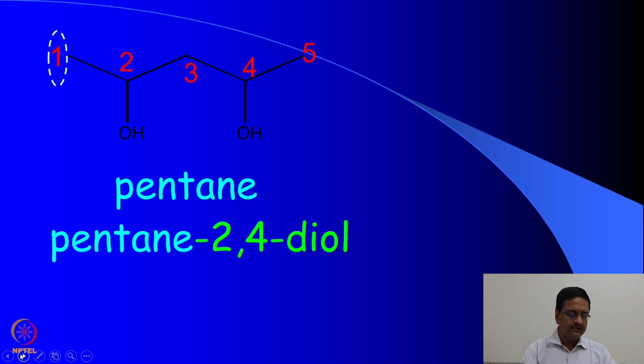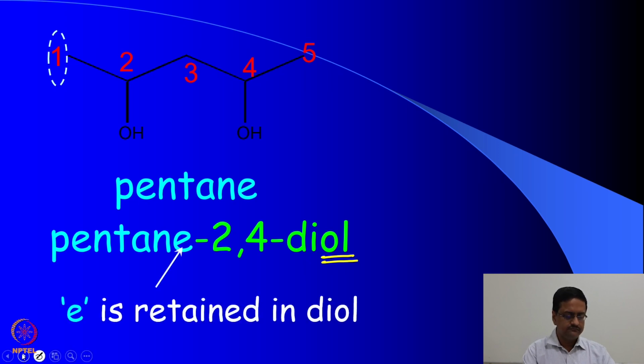So, therefore, the name of this molecule will be pentane-2,4-diol. So, the family name of alcohol that gets associated is the suffix ol, identifying the presence of alcohol. Now, you see that in this case the e is retained in case of diol, whereas in case of enyne that e was dropped.